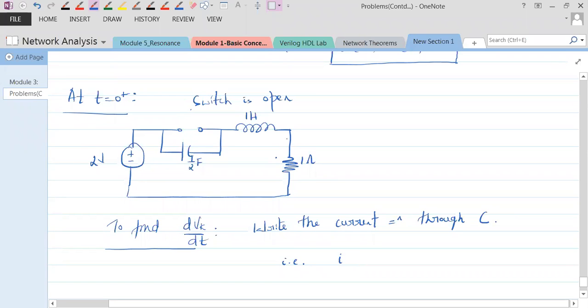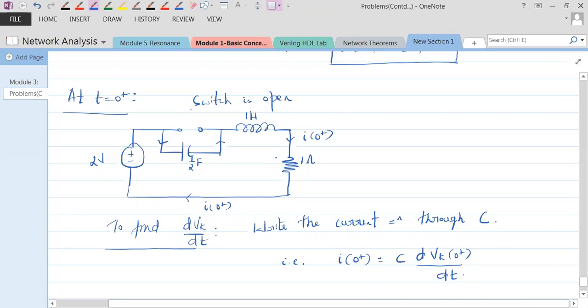I of 0 plus is flowing everywhere. Everybody understand? So what is that I of 0 plus now? That I of 0 plus is actually equal to C into d Vk of 0 plus by dt.